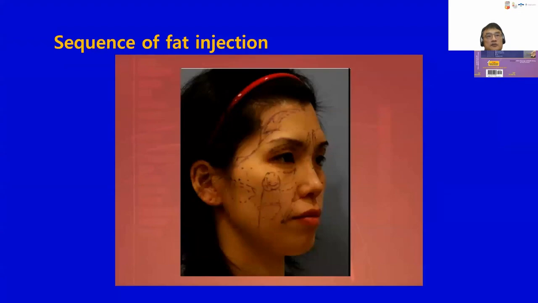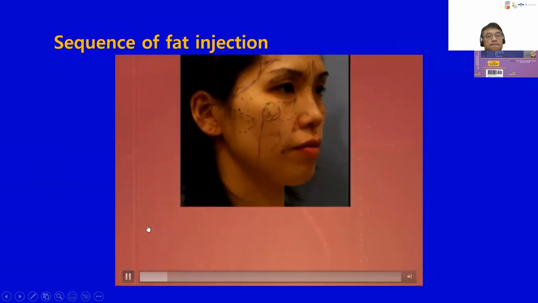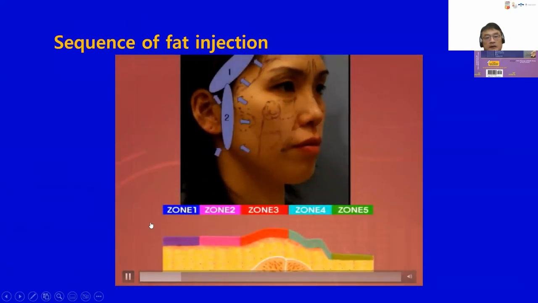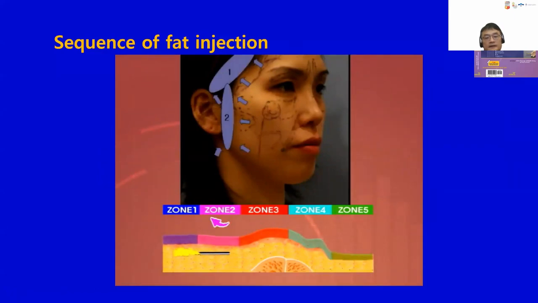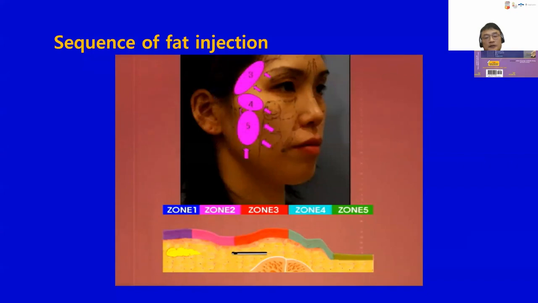And this schematic video shows the concept of volumetric lifting. When we inject the fat into the upper zone, the lower part of the soft tissue moves and lifts up like this.